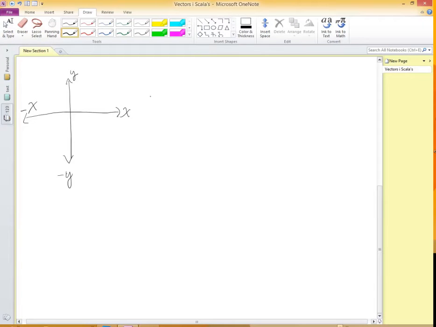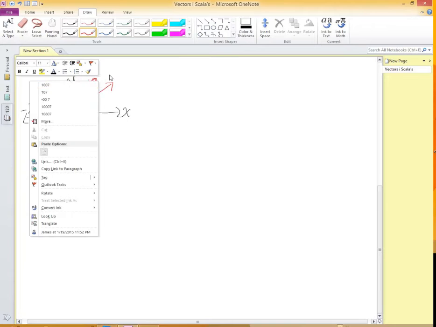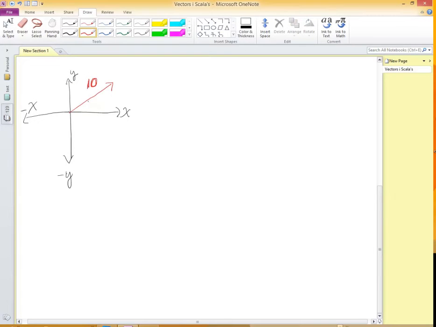So if we look at a vector, say we have this vector in this direction, and it has a magnitude, its length, let's say, is 10 meters. Let's say we're doing distance. And we're also going to say that this is at 45 degrees off of the x-axis.